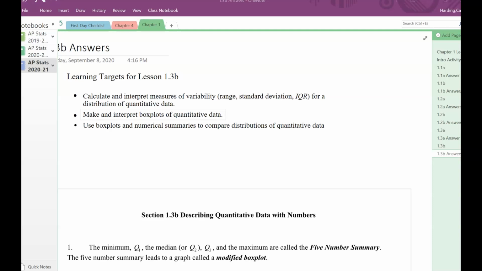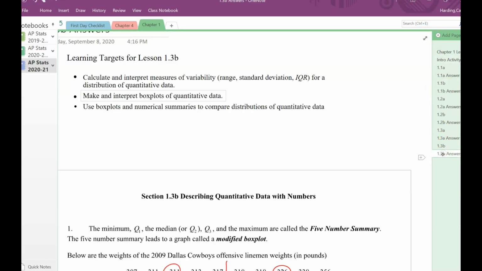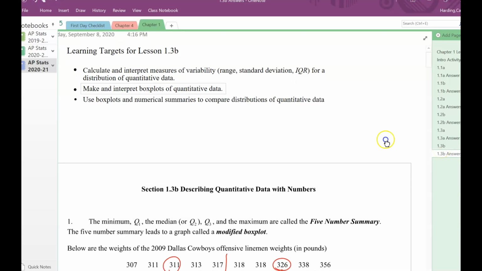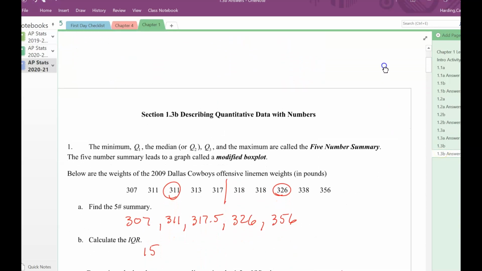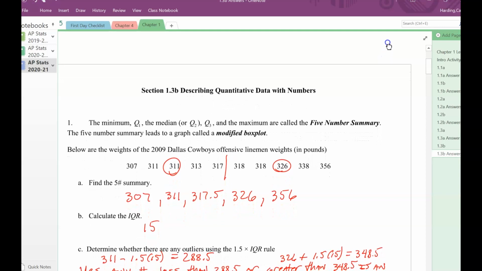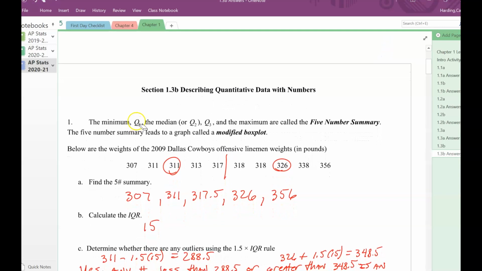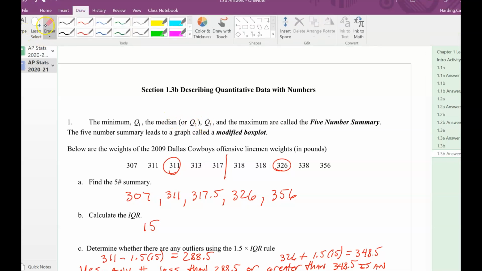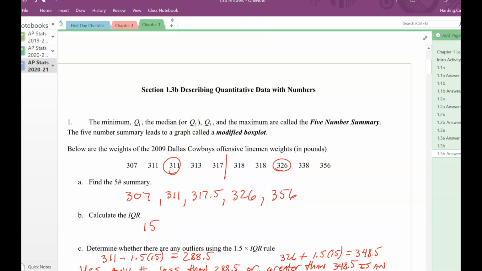So let's jump right in and talk about something called a modified box plot. There at the very beginning of the lesson, we're referencing something called the five-number summary. The five-number summary, I'm going to switch screens here for just a second. There we go. The five-number summary is made up of these five numbers: the minimum, Q1, the median, Q3, and the maximum.